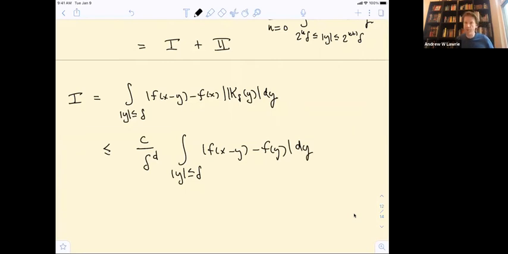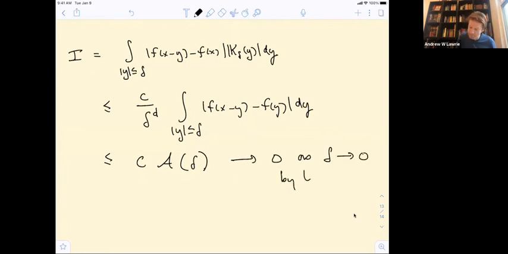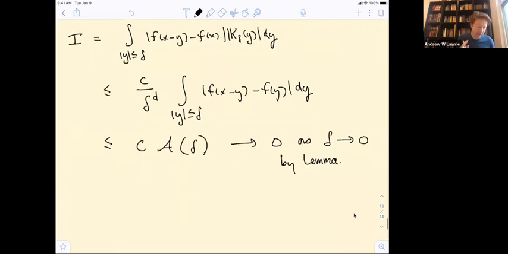So I just used the global bound for k using the fact that it's an approximate identity. But then this is less than or equal to a constant times A of delta, right? Where script A is the object we had in the lemma. This is exactly A of delta, and this goes to 0 as delta goes to 0 by the lemma. All right, so that takes care of 1.